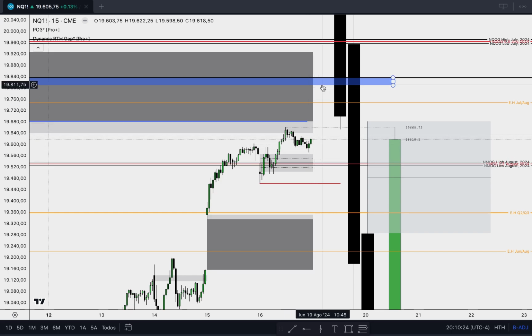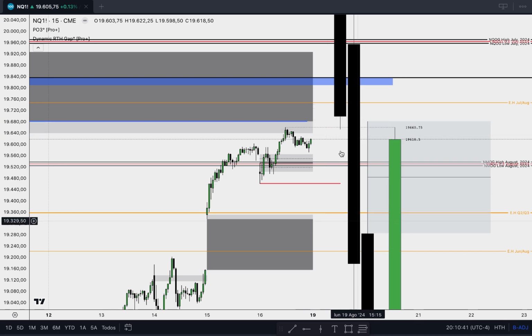We can move higher, and we are inducing buyers into the market. And now, after we reach a significant key level above this, around here, we can do a reversal and look for discount.